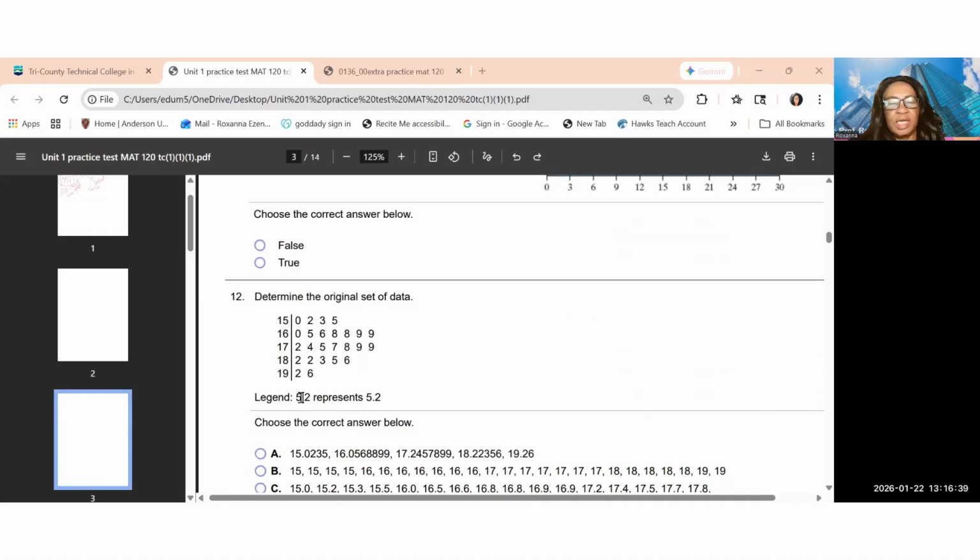The legend says that 5-2 means the first one is 150, 152, 153, 155. Actually here it says 5.2, so the first one means 15.0, 15.2, 15.3, 15.5. The digits here are all continuous.